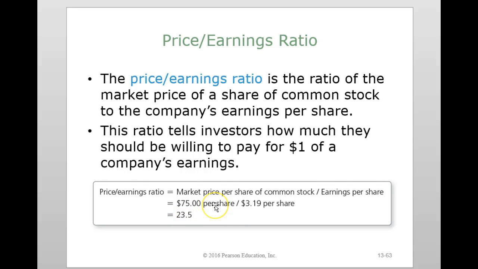What that's telling you, in theory, is how much you're willing to pay for each dollar of the company's earnings. So it's worth 75, right? And each dollar that is earned is worth $23.50, in essence, to buy a share. That's a much watched ratio.